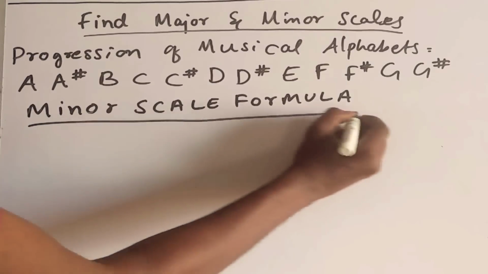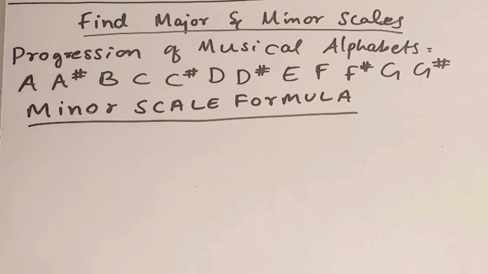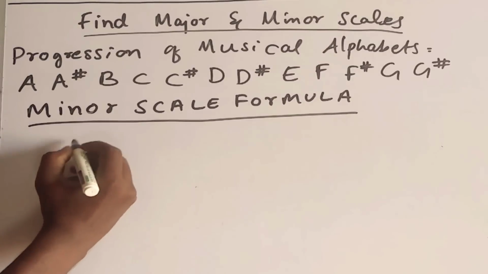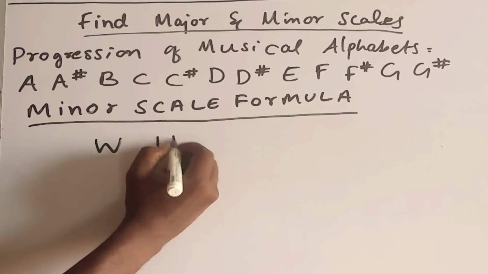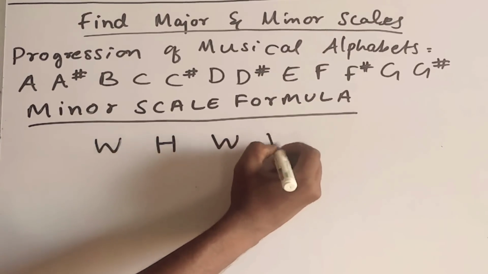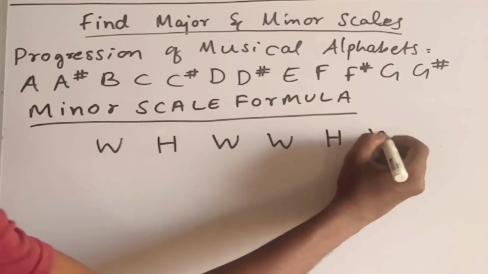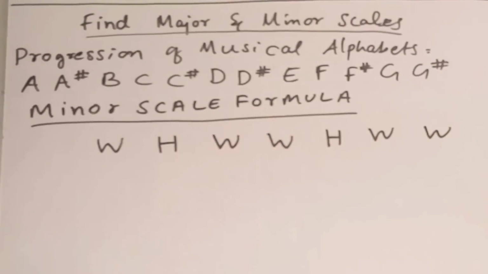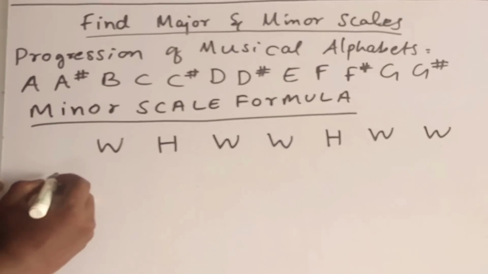Okay, let's move on and find the minor scale using the formula. Let's start by writing the formula, that is W H W W H W W. Let's find the A minor scale.